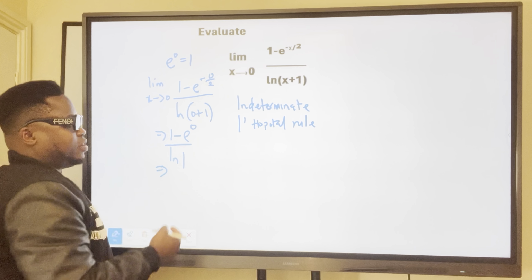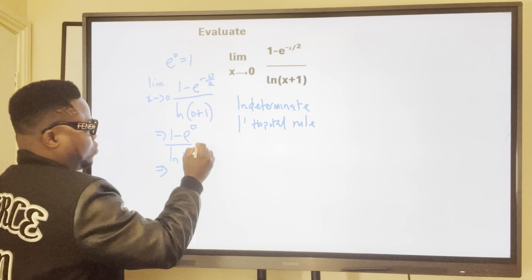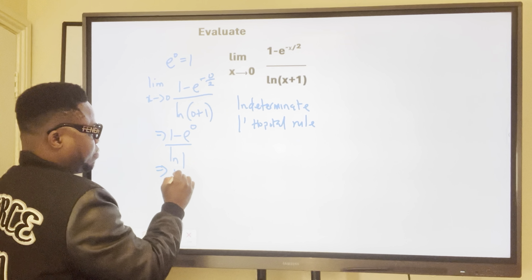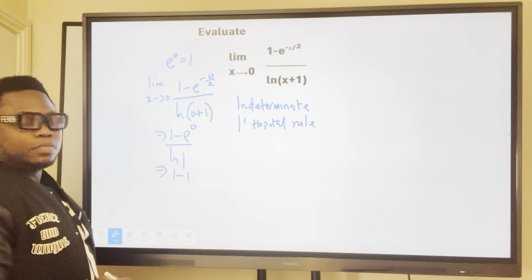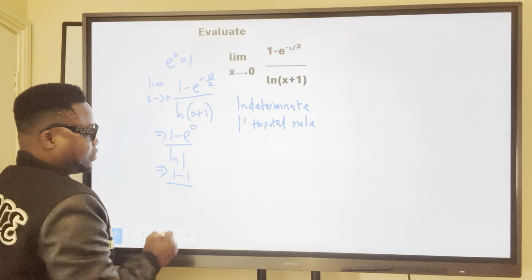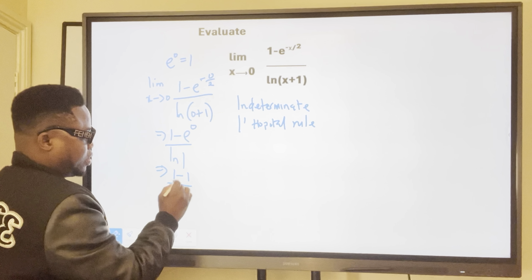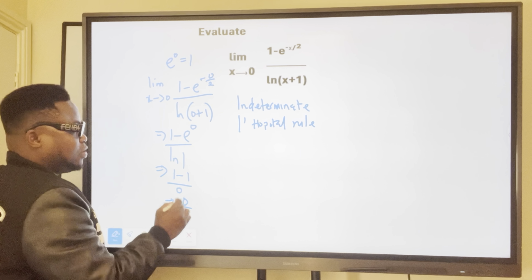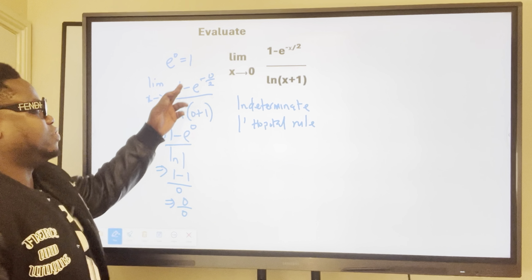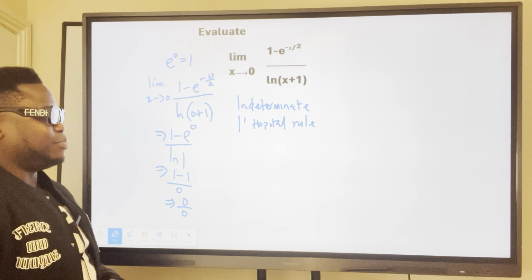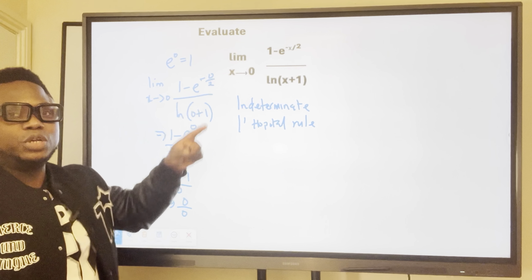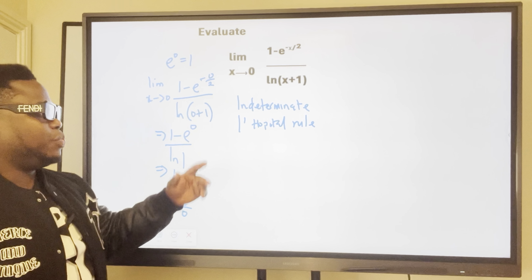So I'm going to replace e raised to the power of 0 here with 1. That is going to give me 1 minus 1 divided by ln 1, which is 0. So I'm going to have 1 minus 1 is 0 divided by 0. So this value is indeterminate. I started with 0 and I'm ending with 0. So it means I need to differentiate the expression using the L'Hopital rule.